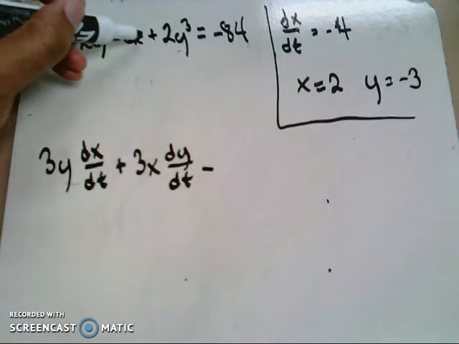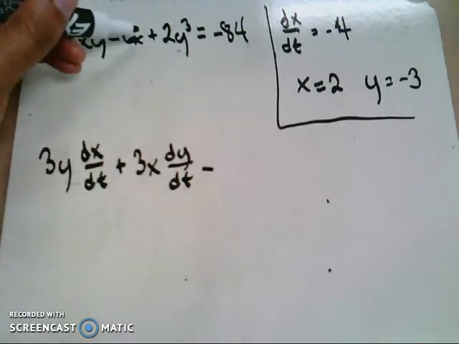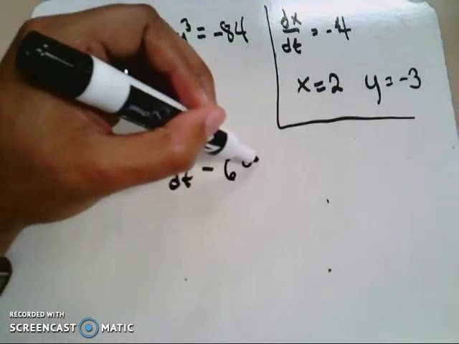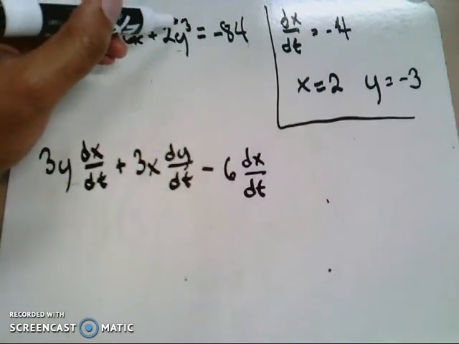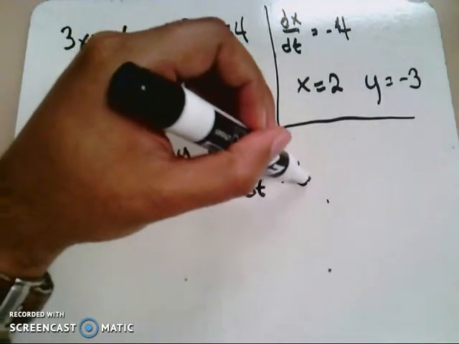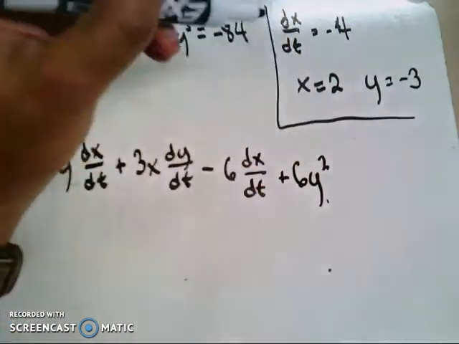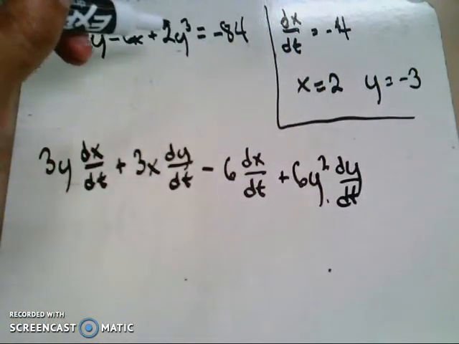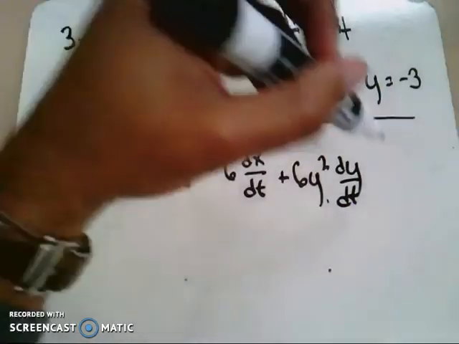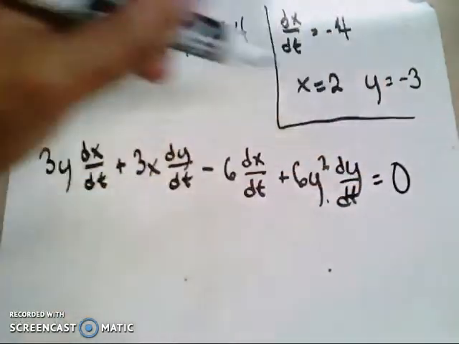Minus the derivative of this x is just going to be dx/dt. So we'll have minus 6 dx/dt. And then we'll use the power rule here, plus 6y squared dy/dt. And then finally, this equals 0 because negative 84 is just a constant.